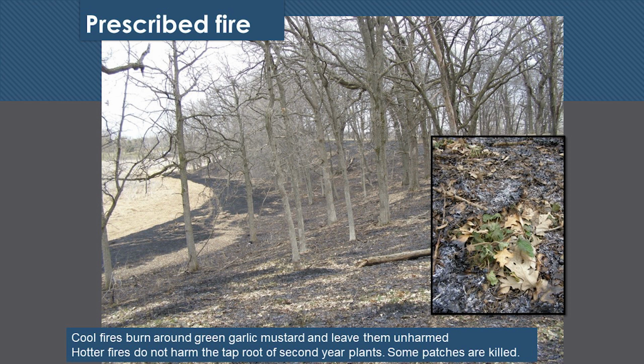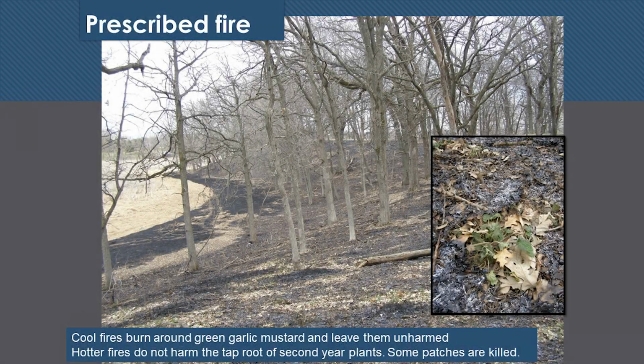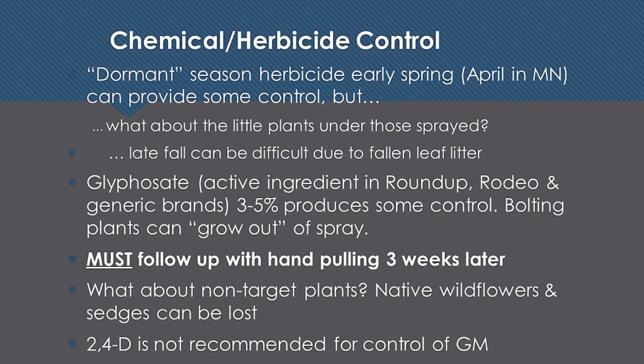So there the fire went through, the garlic mustard's still alive. It died in patchy spots, and it was beneficial because right away afterwards, you wouldn't believe the woolly sweet Cicely germinated like crazy. I thought, oh my gosh, that's cool. So a native wildflower germinated right away after the fire. So you just have to know it's not a cure-all, and you still have to keep pulling, right? But some areas are patchy and good.